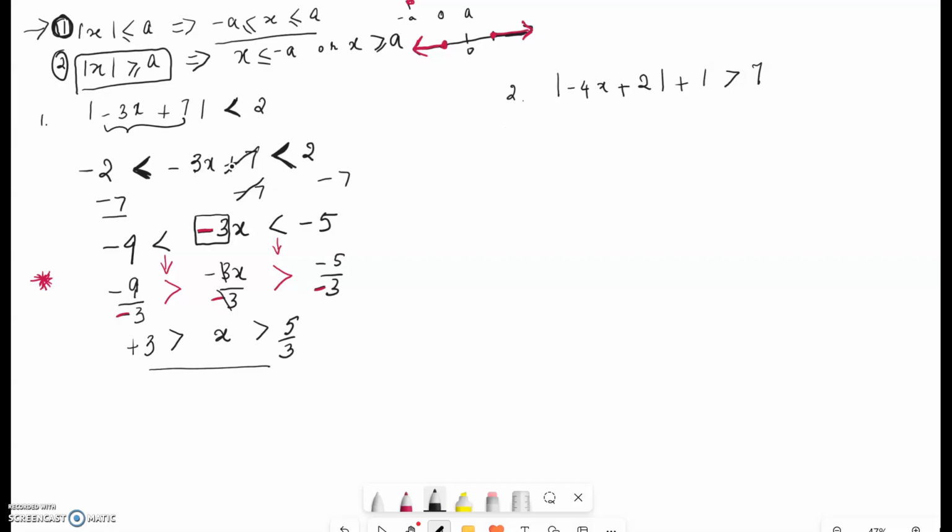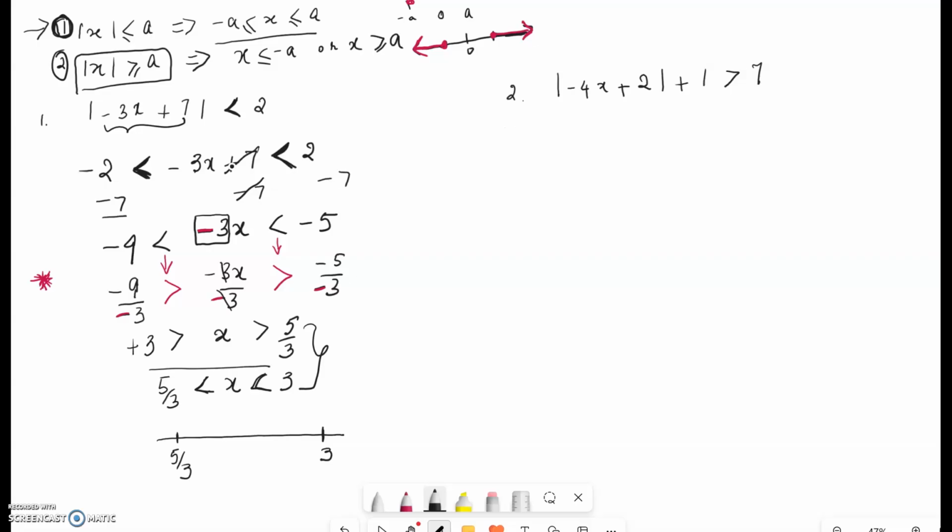We could write this as 5/3 is less than x is less than 3. So if you have 5/3 here, 5/3 is less than 3. These two mean the same thing.